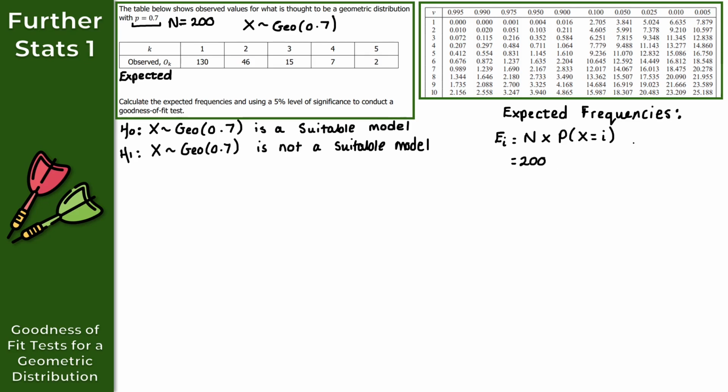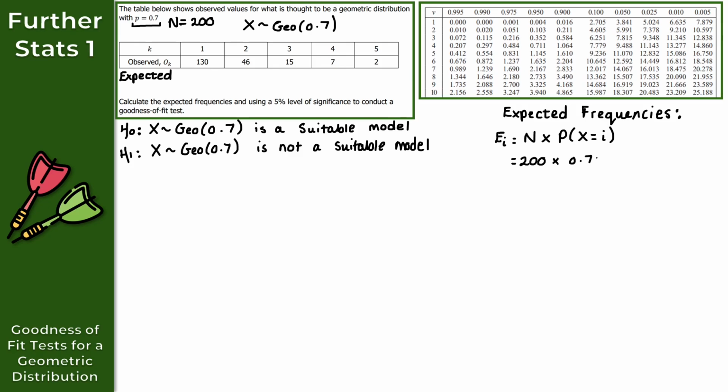And then we multiply that by the PMF, the probability mass function for a geometric distribution. Don't forget, if you can't remember the PMF for a geometric distribution, do just refer to the formula book. What I get here is P, where P in this case is 0.7, so 200 times 0.7.